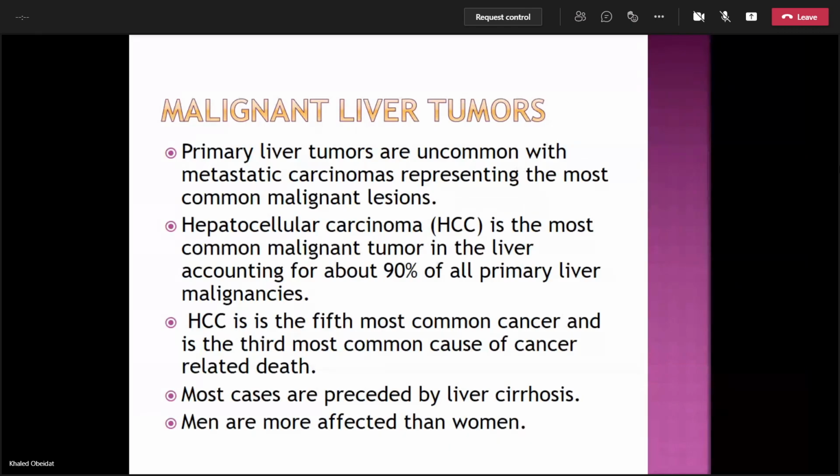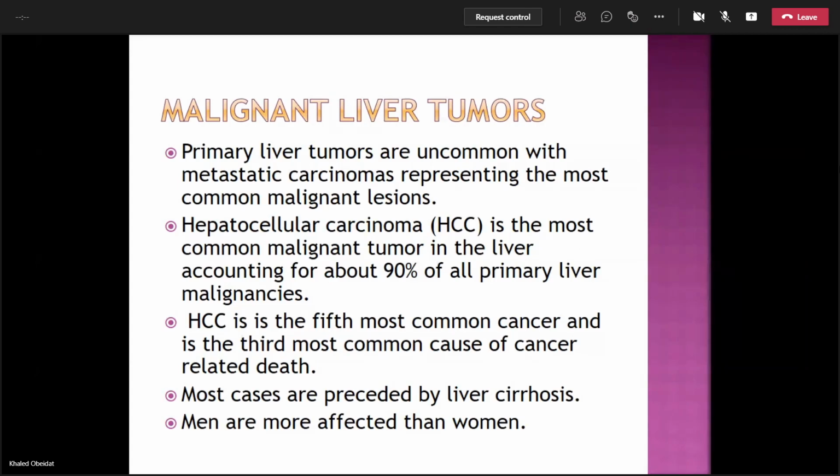And most of the time, cirrhosis is the risk factor that is leading to hepatocellular carcinoma development. And here, if you remember the benign lesions, most of the time, all of them were more common in females. Here, the hepatocellular carcinoma is more common in males compared to females.